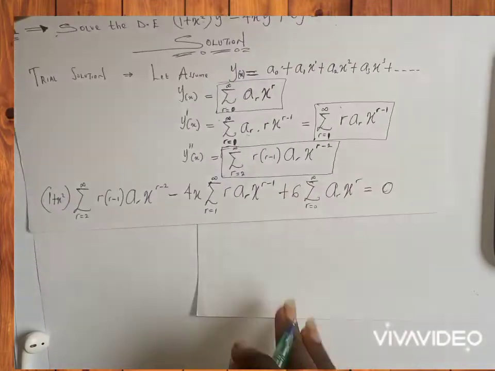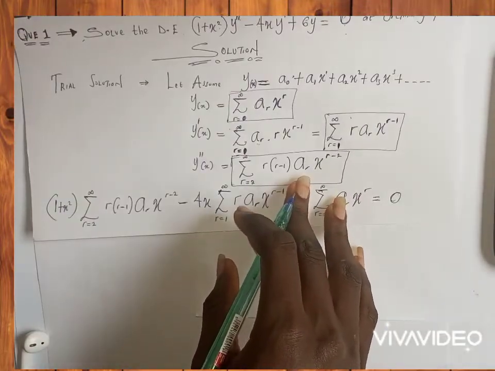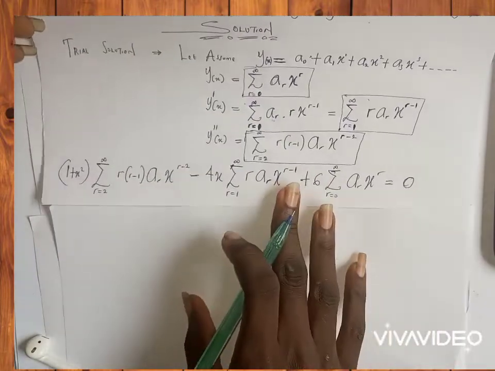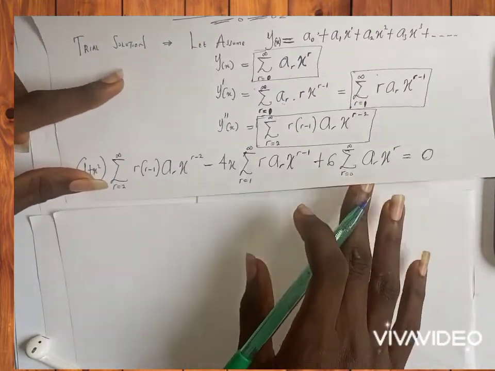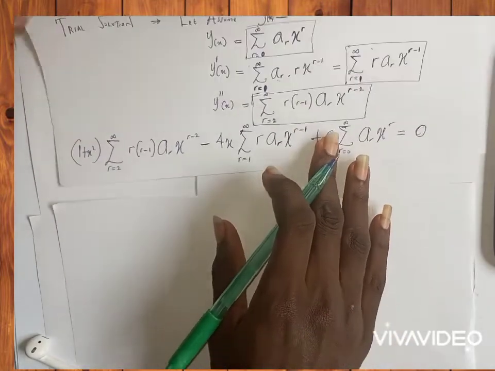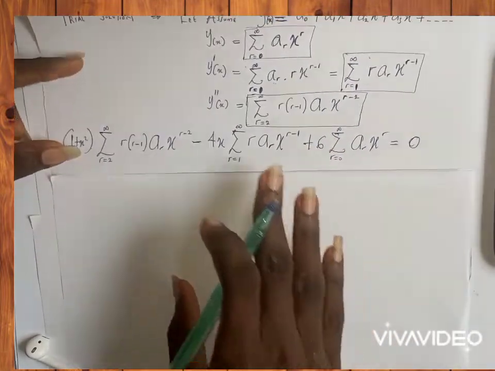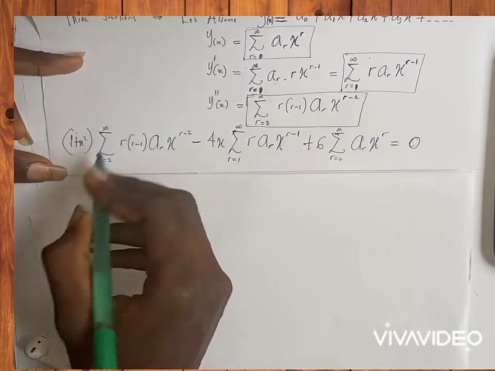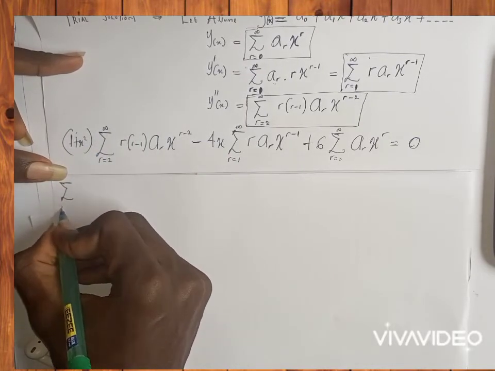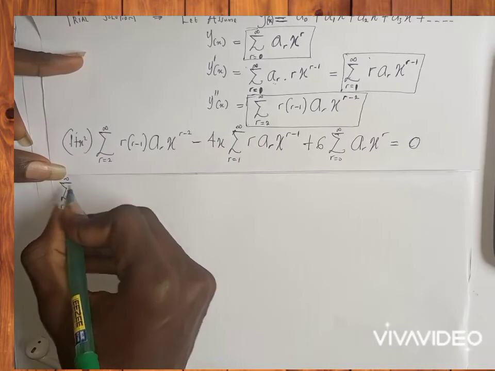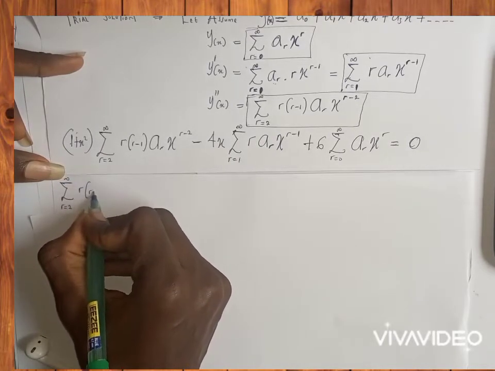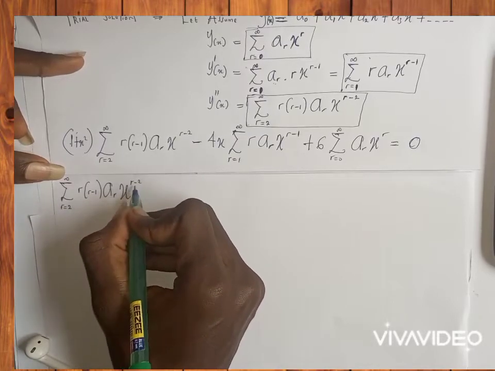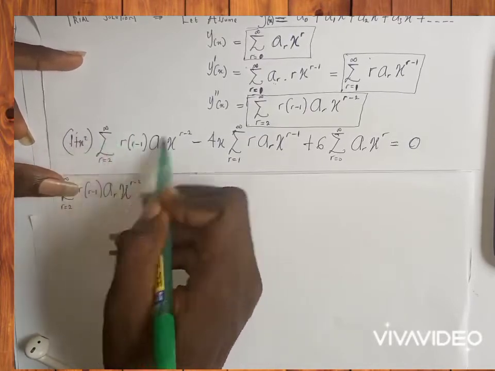Now considering this, we can decide to simplify this further. So the first thing we need to do is open up this bracket. If 1 multiplies this summation, I will have the summation from r = 2 to infinity of r(r − 1) a_r x^(r−2). Then x² multiplies this summation.